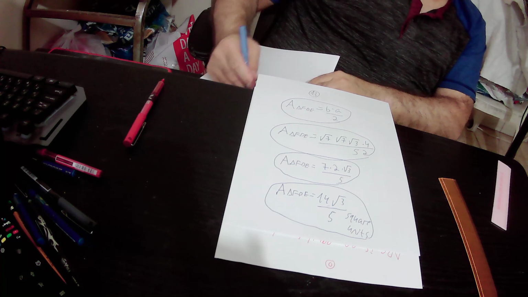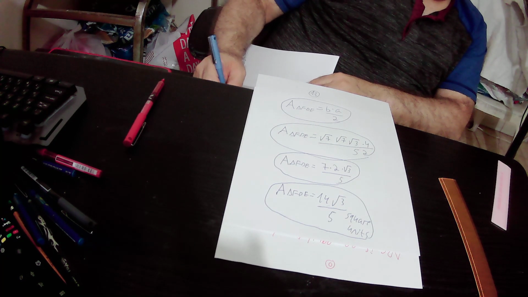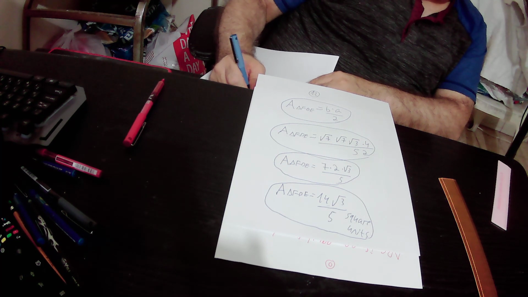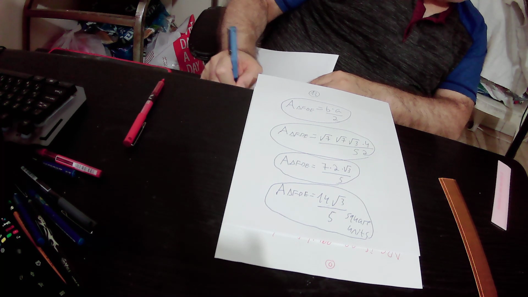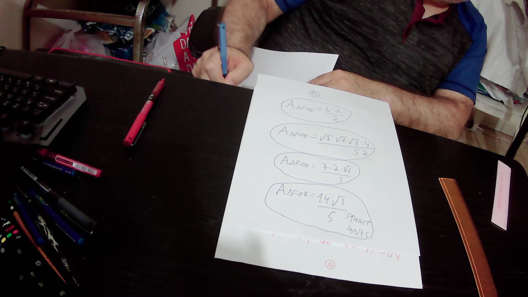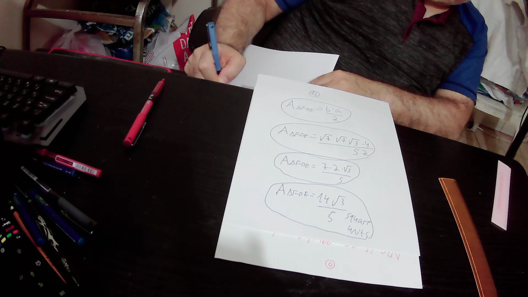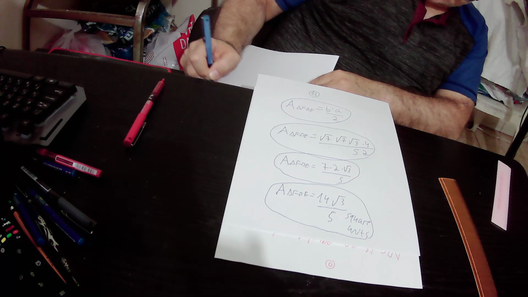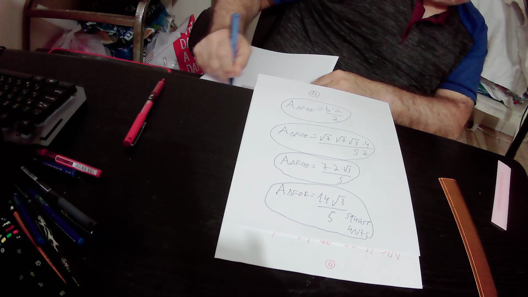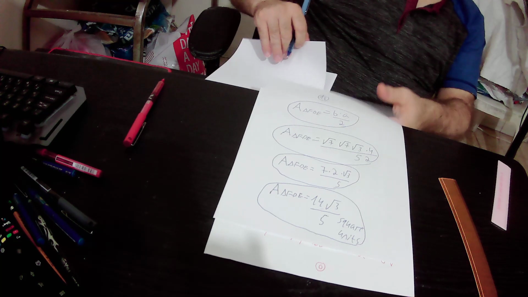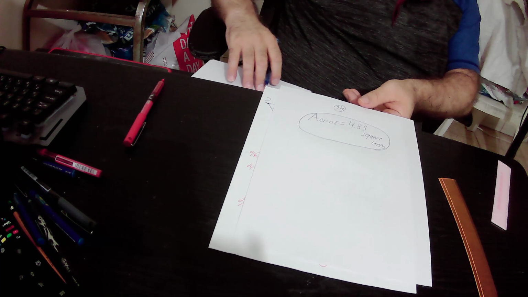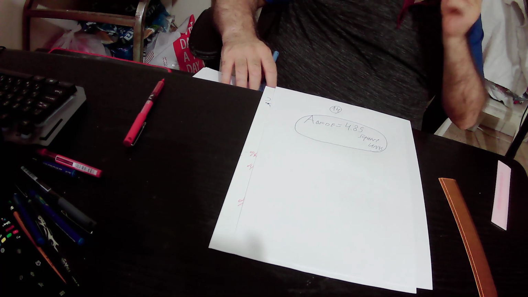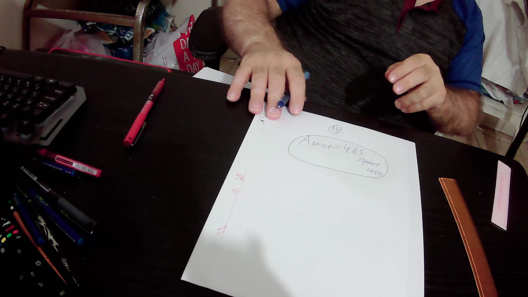Or in terms of numbers, the area of the green triangle FDE equals 4.85 square units.